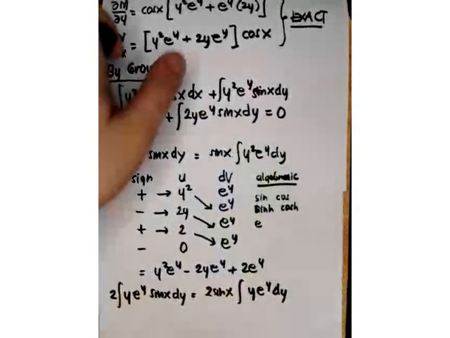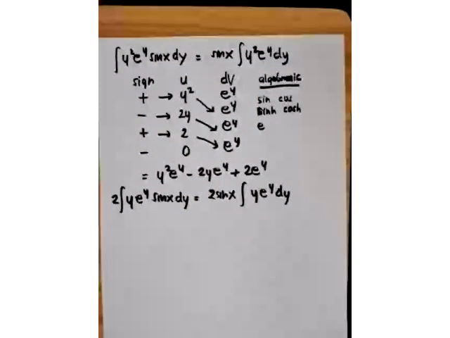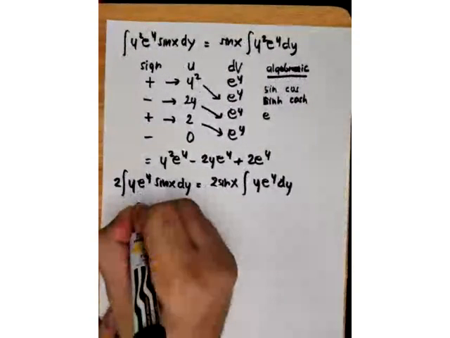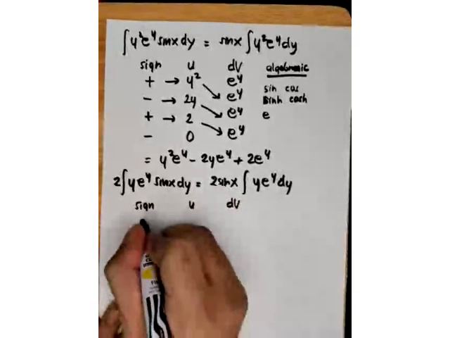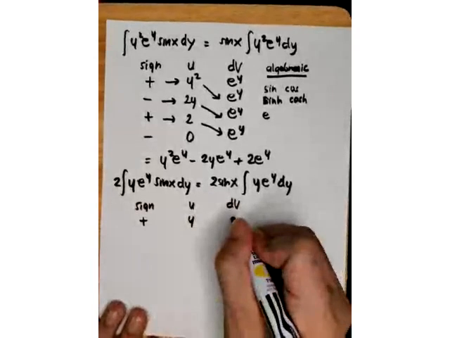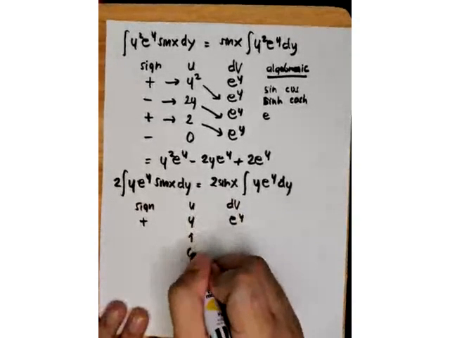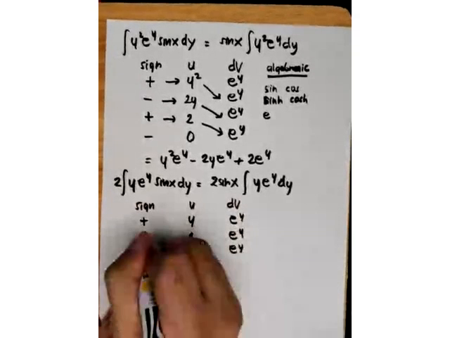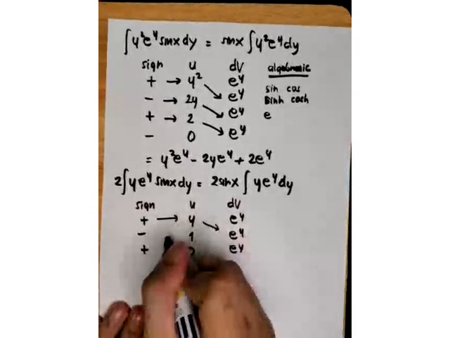Okay, so this one is another example of a tabular method again. Copy na lang natin sa sine u and dv. We'll have plus, but this time it's just y, and then e raised to y. Ito derive nyo muna, so that's 1 and then 0. Integrate nyo ito, e raised to y, and then negative, positive. Multiply this.